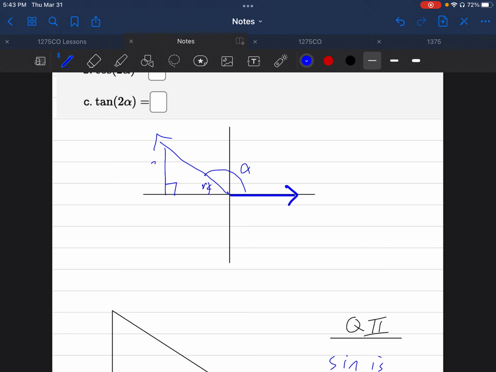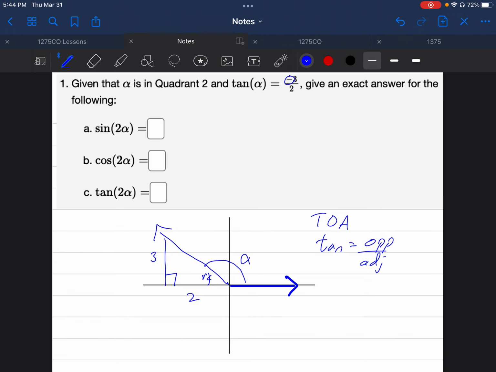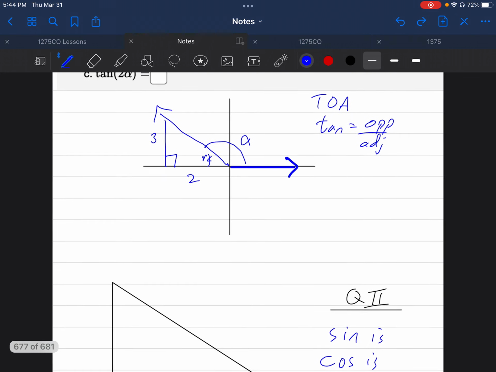We know that this side measures 3. That's the opposite side. We know that this side measures 2, and that's because of the TOA. In SOHCAHTOA, tangent is equal to opposite over adjacent. The reason why it's negative is because we're looking at a tangent function in the second quadrant.